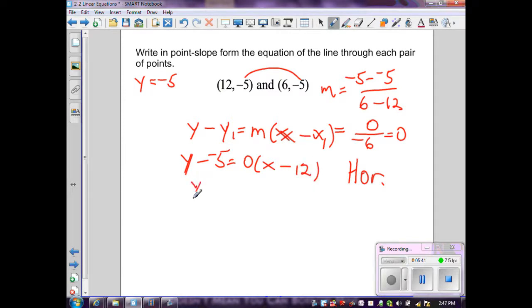So this gives me y plus 5 equals 0, since 0 times anything is 0. And then when I simplify by subtracting 5 on both sides, y equals a negative 5, which is what I started with when I noticed that negative 5 is in both positions for the y in each ordered pair.